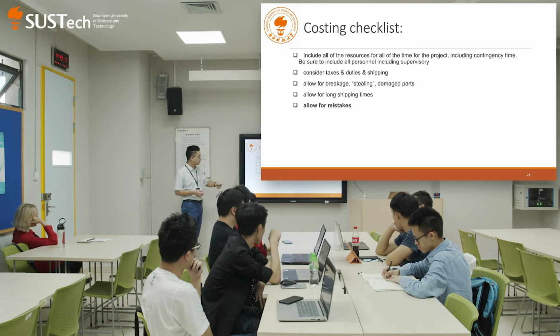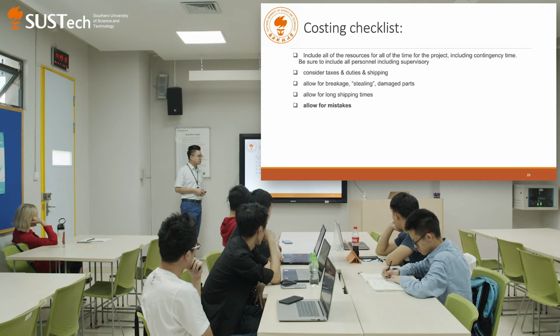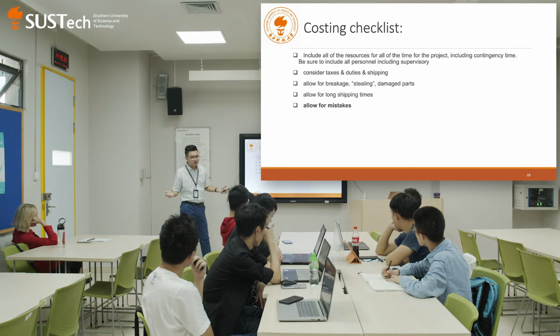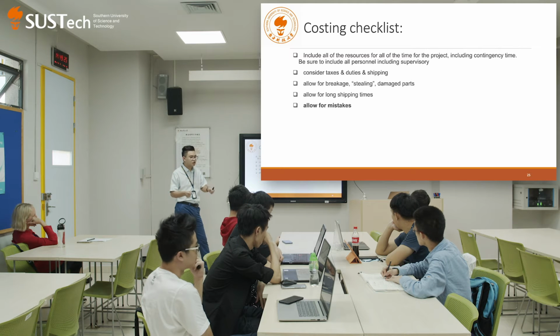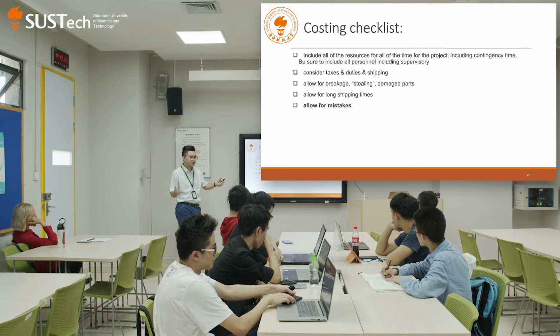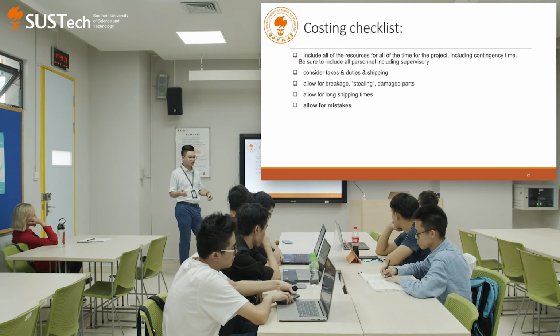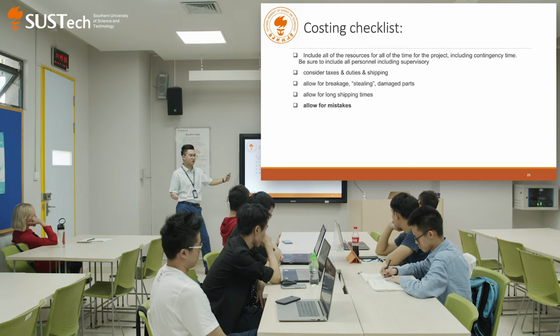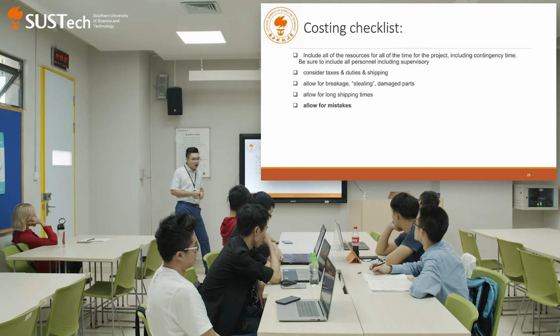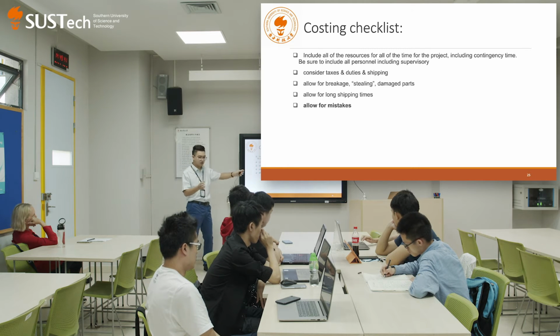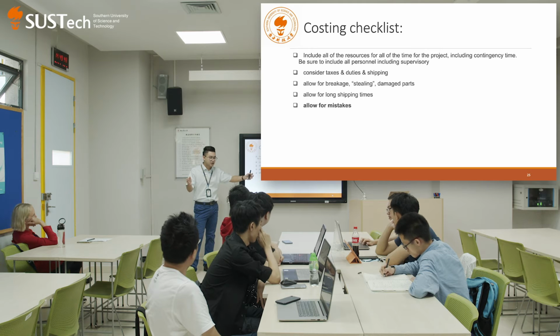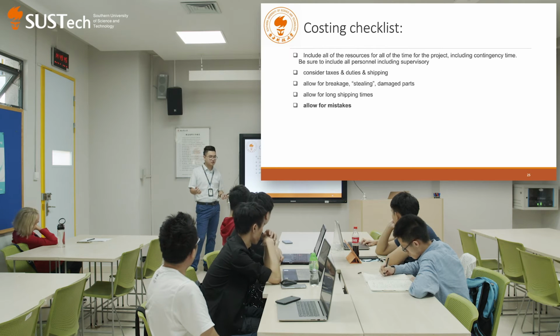And then you allow for the long shipping times, right? Technically, you need to take the shipping time into consideration when you're doing your Gantt chart, your time management, right? They don't arrive in 1 day, they probably take 1 month or 2 months. If you neglect those long shipping times, you will mess up your whole project, right?